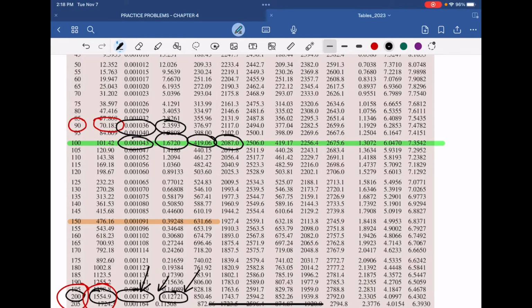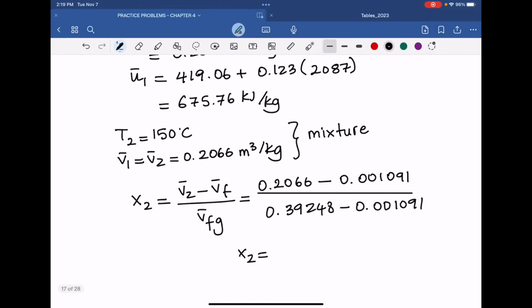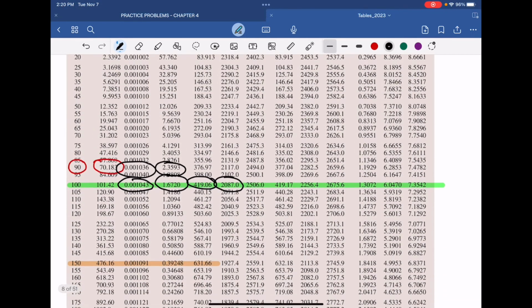And then we find this. Okay, so from there we need to again calculate the internal energy. And Uf is this.